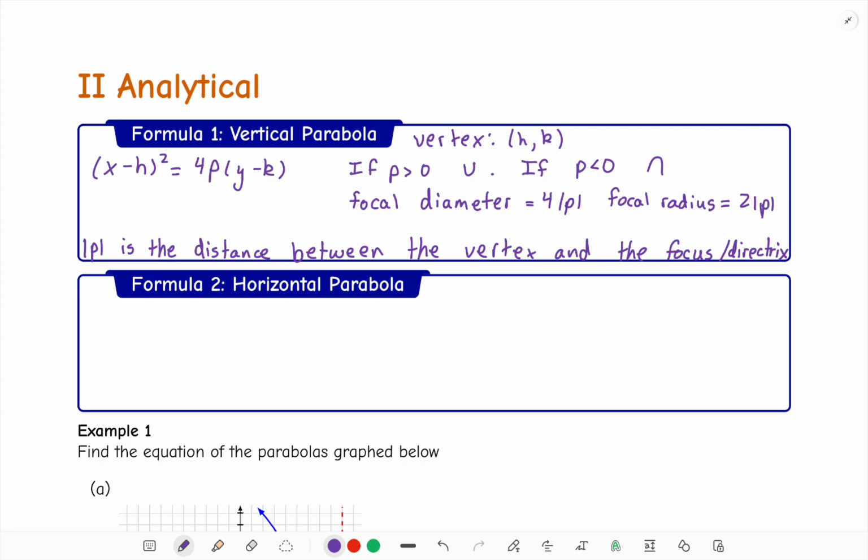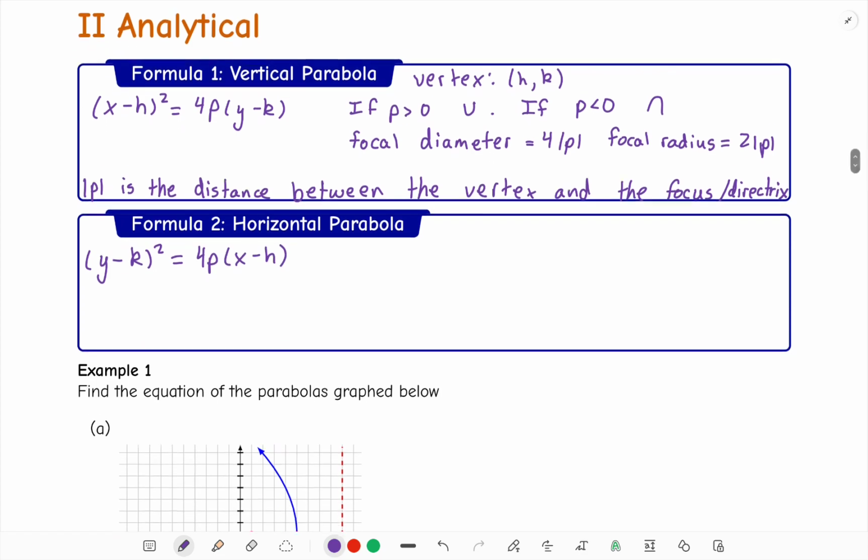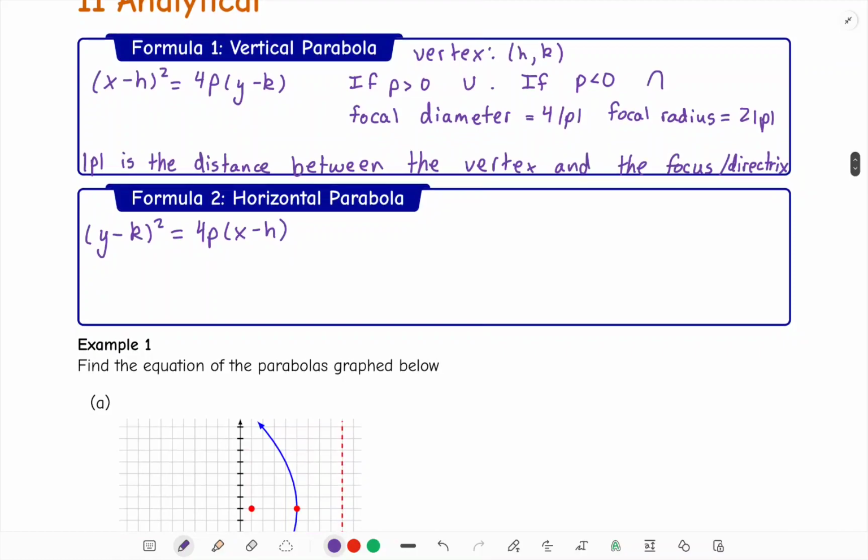It could be like y equals x plus 2 could be the directrix, and then you get a parabola that's facing diagonally. But for horizontal parabolas, the equation is y minus k squared equals 4p times x minus h. So the y minus k and x minus h swap spots.